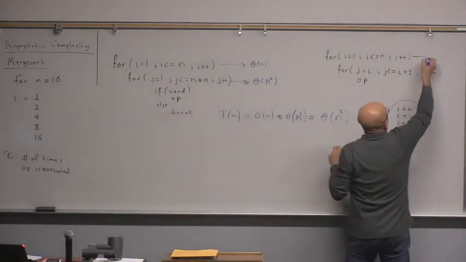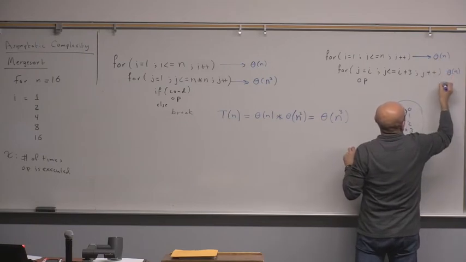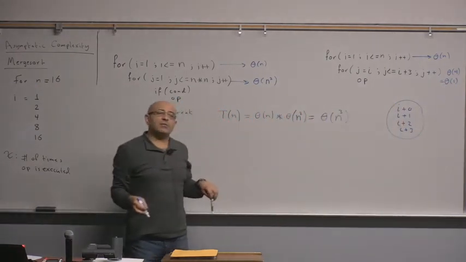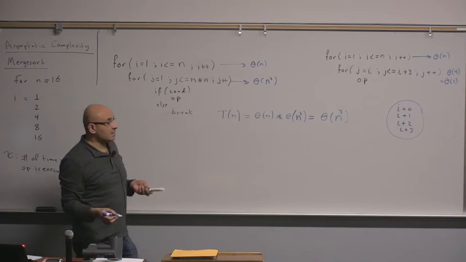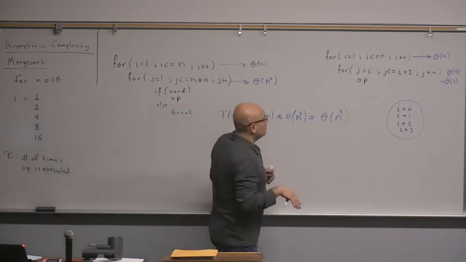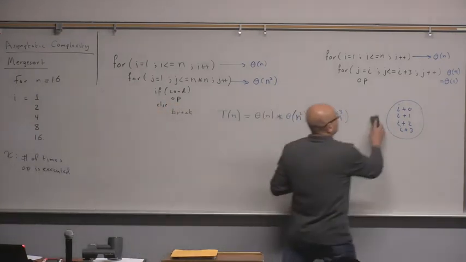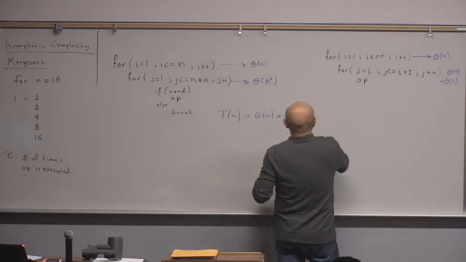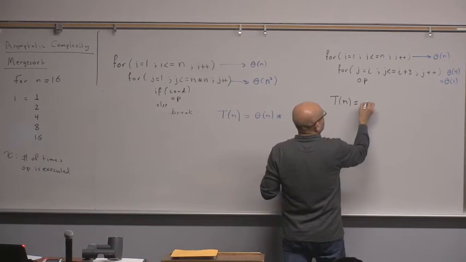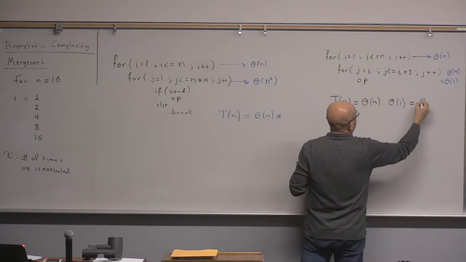So this is 4n, theta of n. The inner loop is theta of 4, but theta of 4 is theta of 1. 1 and 4 are of the same order because they're all constants. All constants are of the same order. So this is theta of 1. So the overall running time, T of n equals theta of n multiplied by theta of 1, and that gives theta of n.